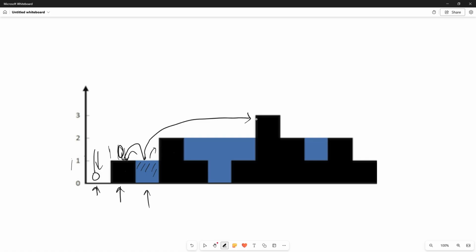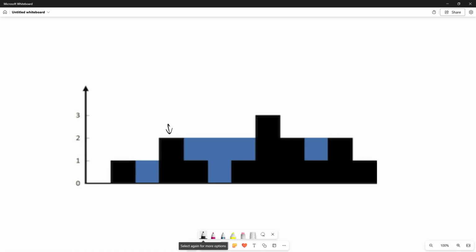Between these two bars, which one is smaller? This is the smaller bar, and the amount of water collected is the minimum height, that is 1, minus the height of the bar we are standing at, that is 0, multiplied by the width of the bar, that is 1, which is 1. So 1 unit of water is collected here.